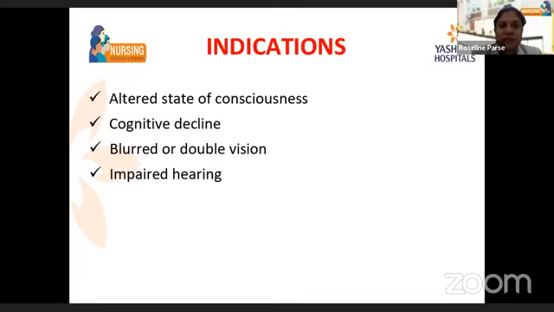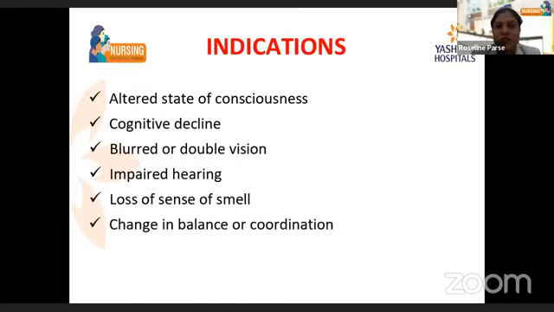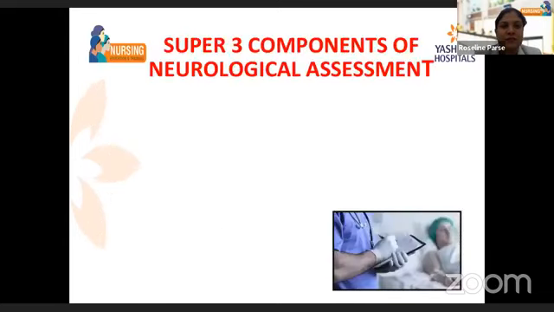Then impaired hearing. Okay, any kind of sensory loss is also connected. Then loss of smell, change in balance or coordination, numbness or tingling. So these are the indications which will tell us that there is something wrong and we would have to do a neurological assessment for the patient.